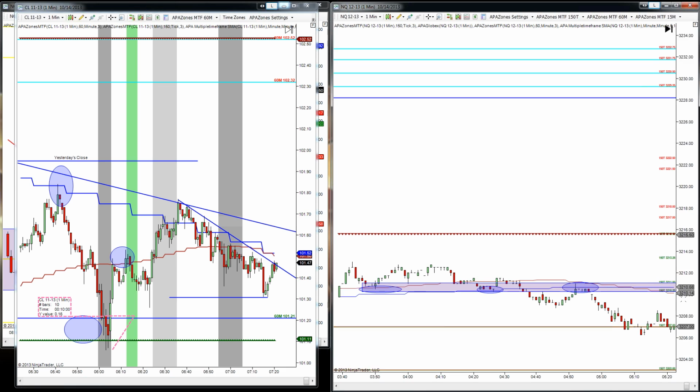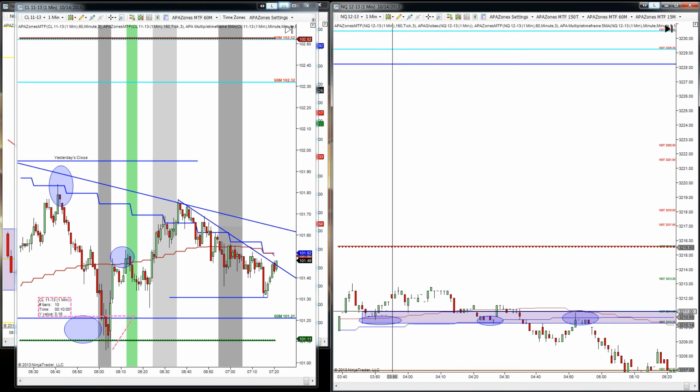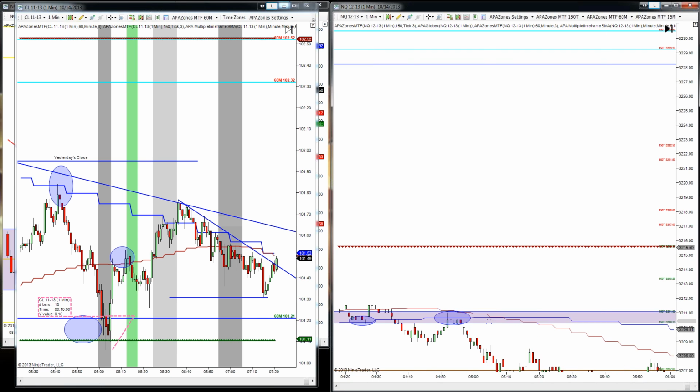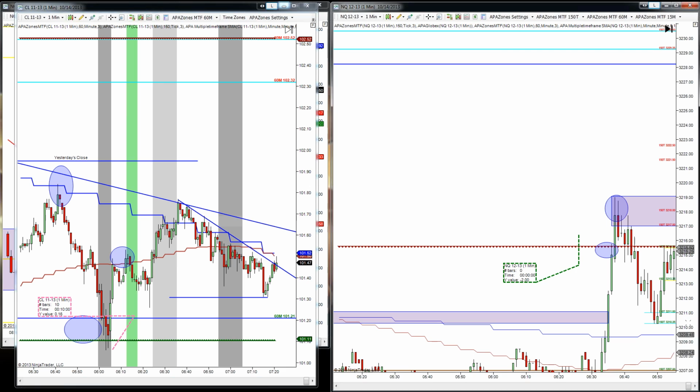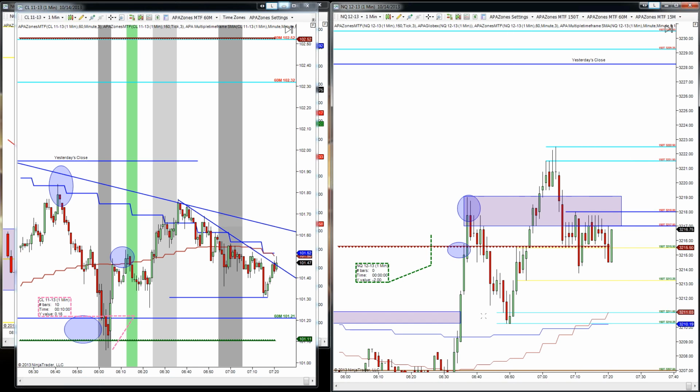Something else that I've noticed, looking back at this area here, if you look at where previous highs and previous lows match the most, just like what I was saying before with the 3210 area, way before this retracement happened, it seems to give a little bit more credence to the price action movement.